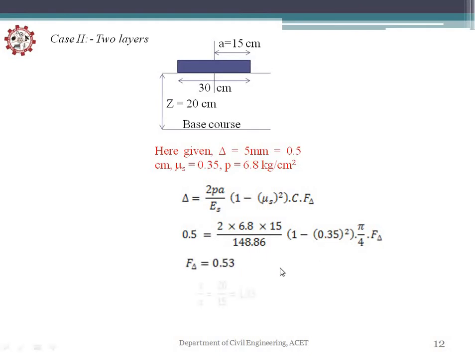So in the second case 0.53 you have got. So Z upon a you need to calculate because this value is given to you in the graph chart. So Z upon a, Z is given as 20 here, and a is 15, so it is coming to 1.33. So Z will be equal to 1.33a.